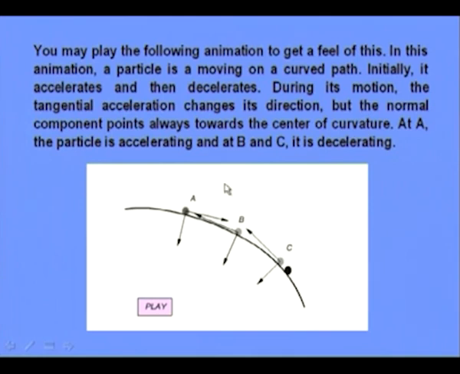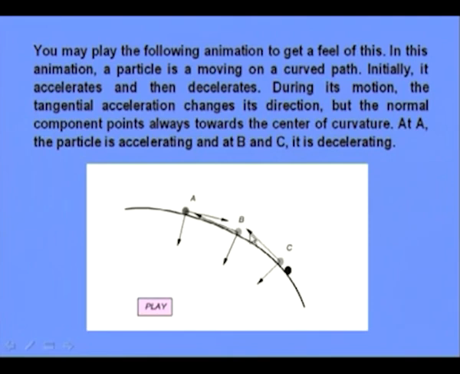Here at point A, the particle is accelerating, that means its speed is increasing. So, the acceleration vector has been shown towards this side, but the normal vector is towards the center of curvature.